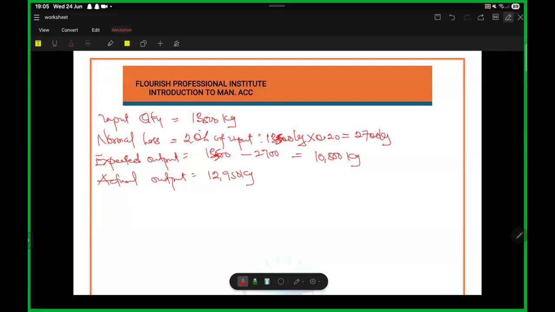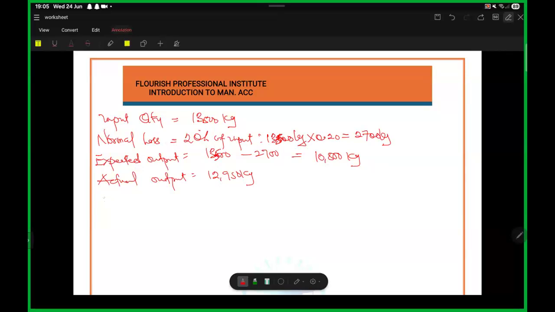Now, we spoke about normal loss, abnormal gain, and then abnormal loss. Normal loss is always given in a question. We are expected to produce 10,800 kg, but we actually produced 12,950 kg. So it means that we produced more. Once you produce more, it's favorable.